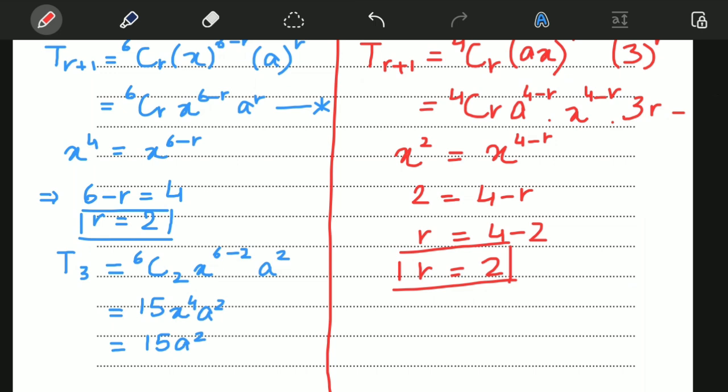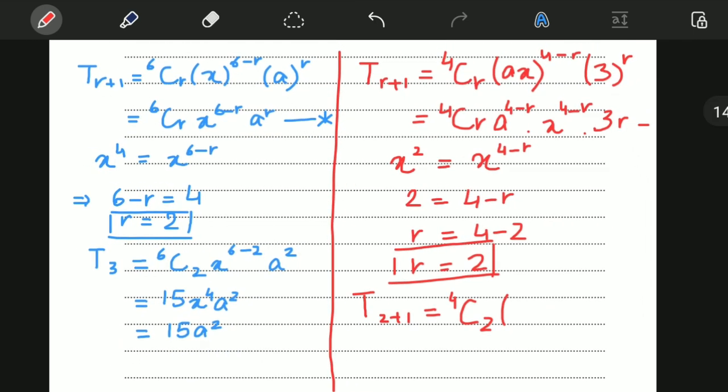So let's put it in the above T(r+1), and in this case that would be T(2+1), that is T3. 4C2, a power 4 minus 2, x power 4 minus 2, and 3 power r, 3 power 2.